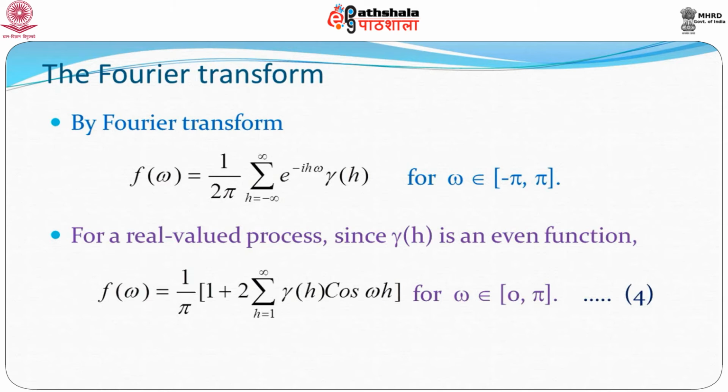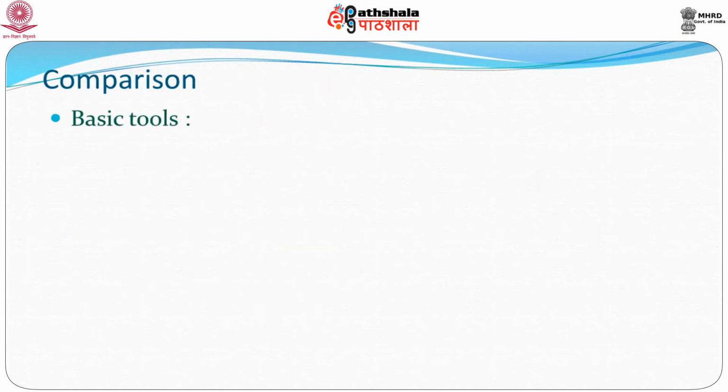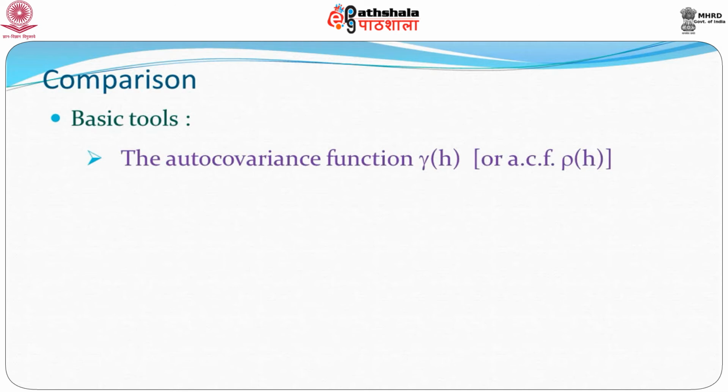Now, what is important about this? The importance here is that previously we had been defining γ(h) in terms of the spectral density. Now, we are reverting this. We are defining the spectral density in terms of γ(h). So, let us make a very quick comparison. The autocovariance γ(h) or the ACF ρ(h), either one of these two, is the basic tool for the time domain approach.